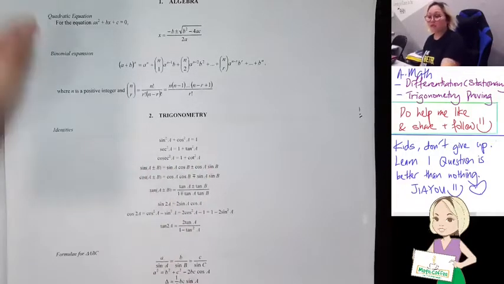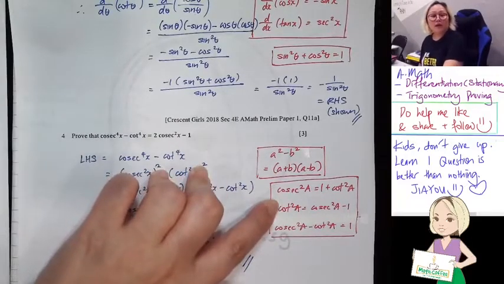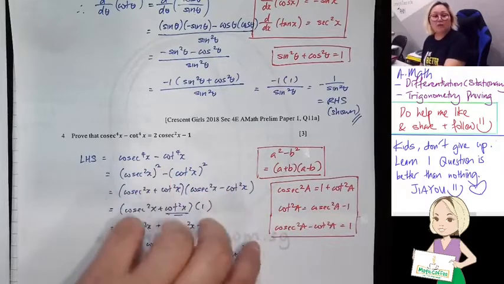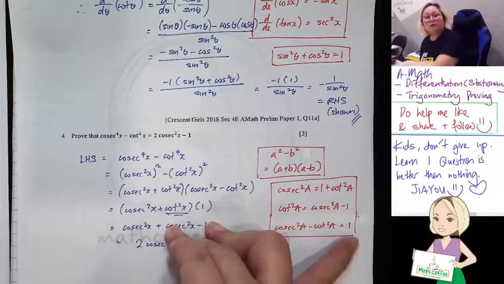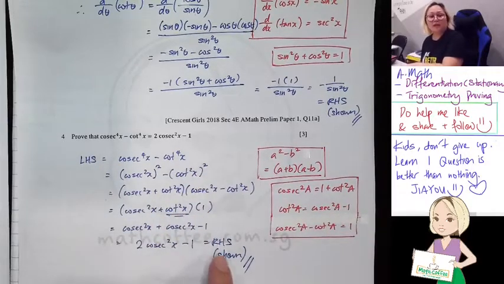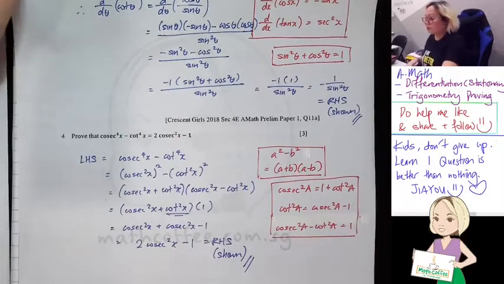Because of this, I am able to change cotangent square a to cosecant square a. And I'm also able to have cosecant square a minus cotangent square a equals 1. So from this, I change, and we get exactly the same. Okay? So this is how I do question 4.